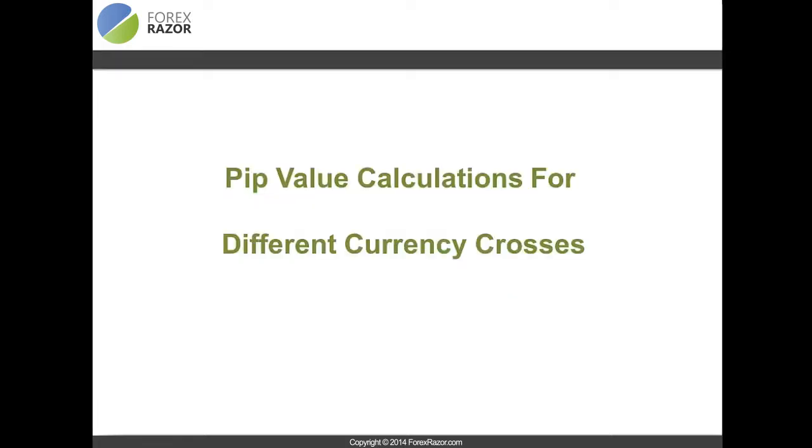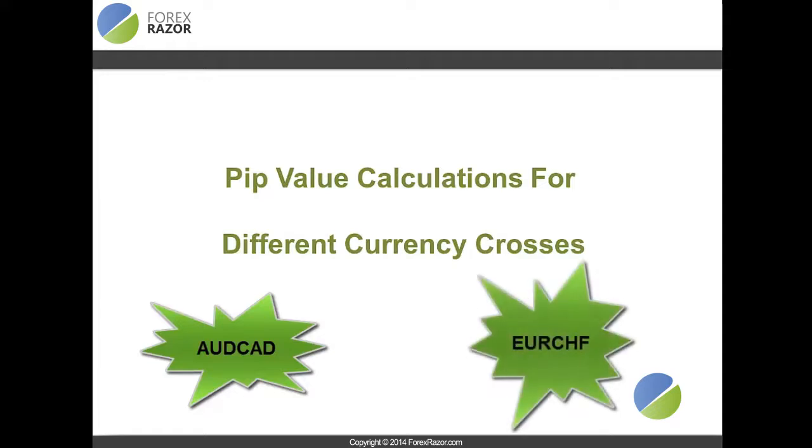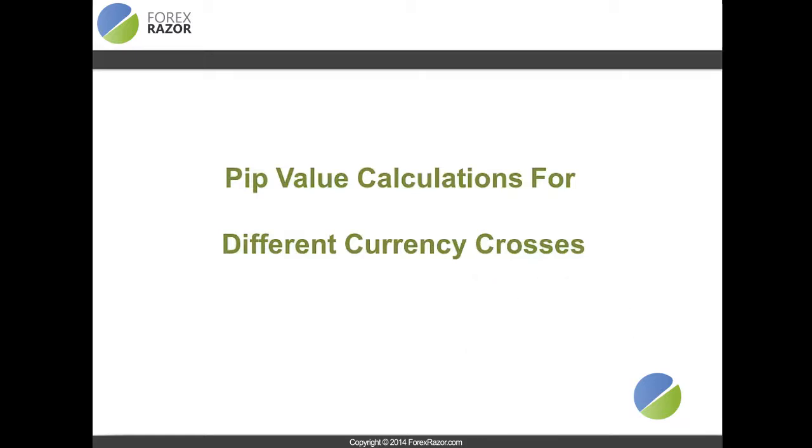In this video, we will be discussing how to calculate the pip values for crosses of different currency pairs, such as the AUDCAD or the Australian dollar against the Canadian dollar, or the EURCHF, that is euros against the Swiss franc, etc., and how we can convert them in terms of your trading account based currency.